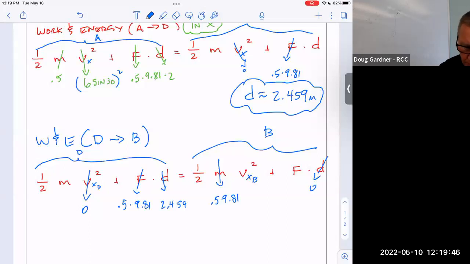Times 2, divided by 0.5, divided by 9.81. Oh, but it gets taken out. Oh, yeah. It's taking the forces away.